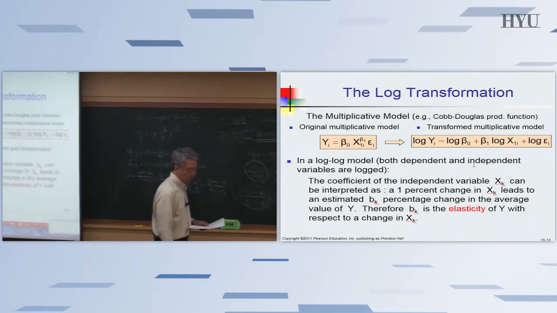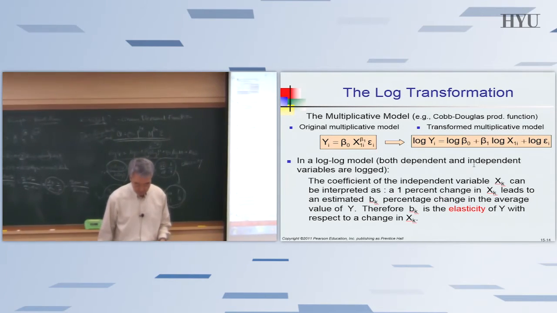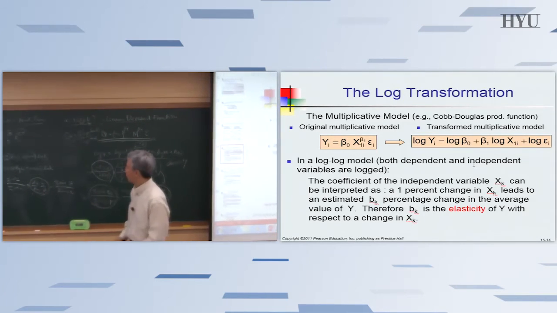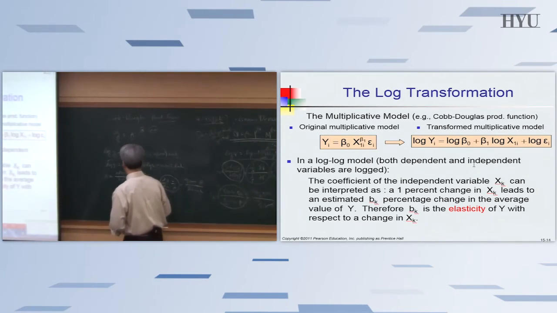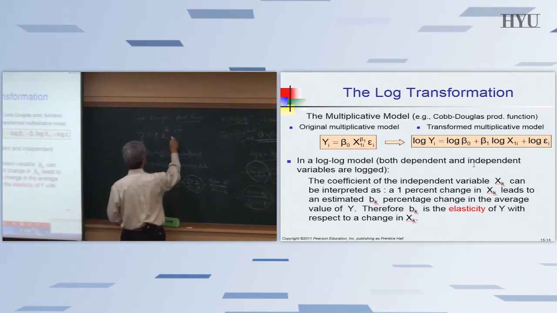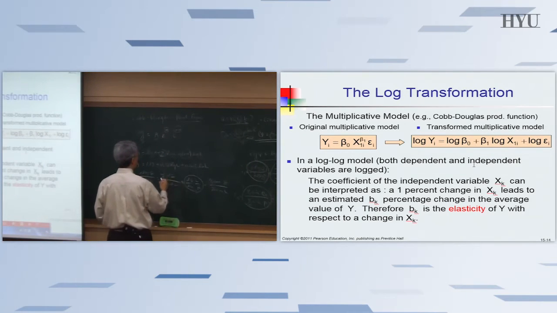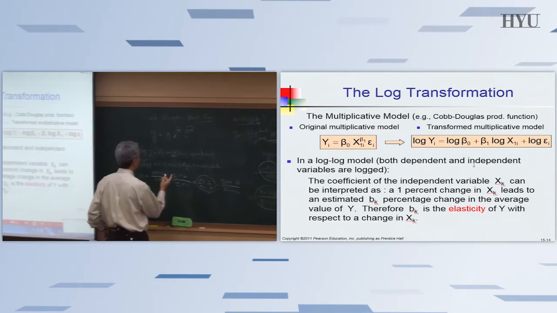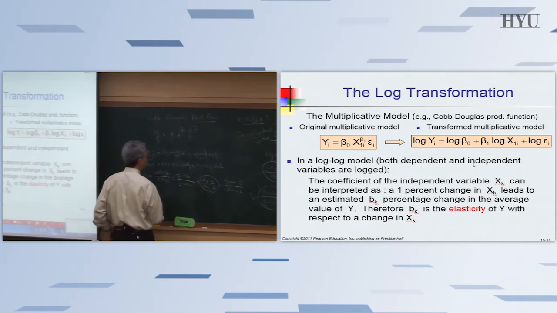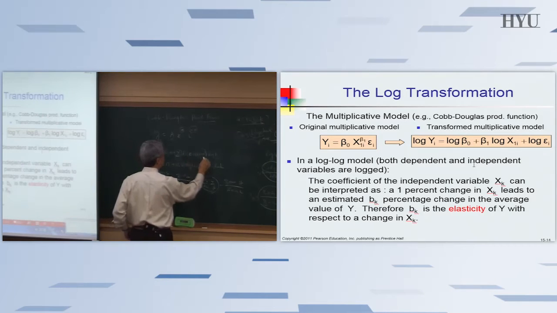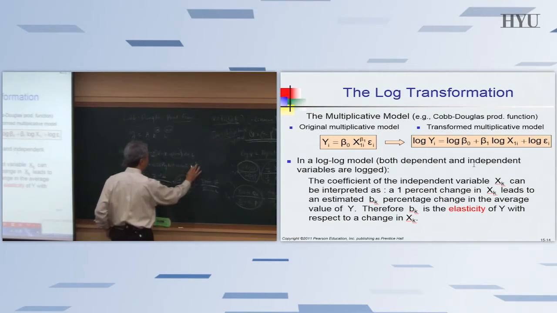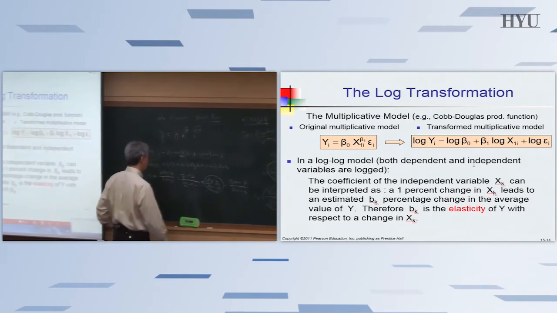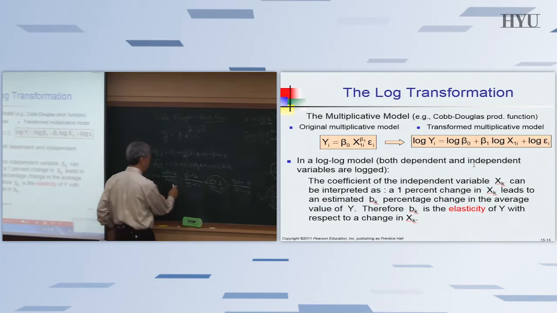Wait a minute. Actually this is reversed, right? So you can do it either way, but the way they did it was this was K, this was L. So this is K and L. This doesn't matter; this is still true.